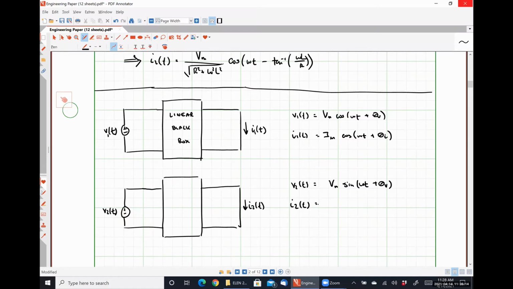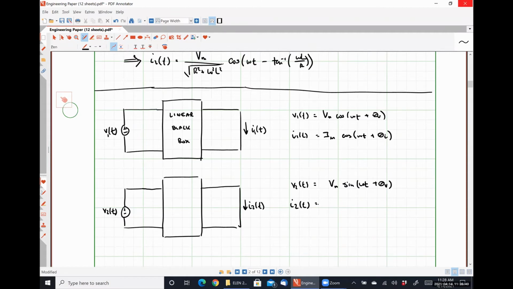So when we put in as our input something cosine omega t plus theta v, we got out something cosine omega t plus theta I, right? So I would argue that mathematically, if we put in a sine instead of a cosine, we should get out a sine as well, right?